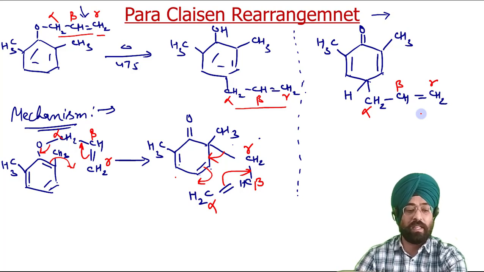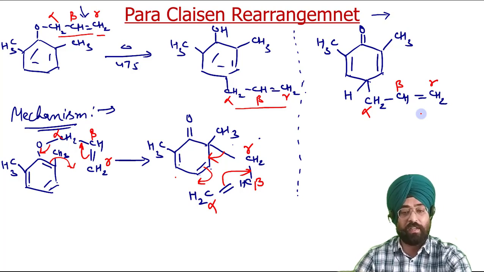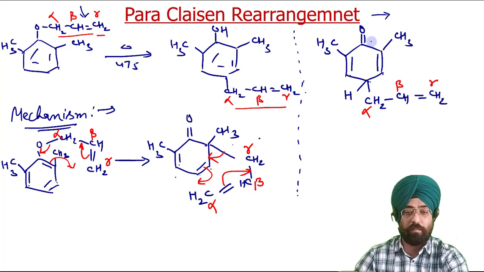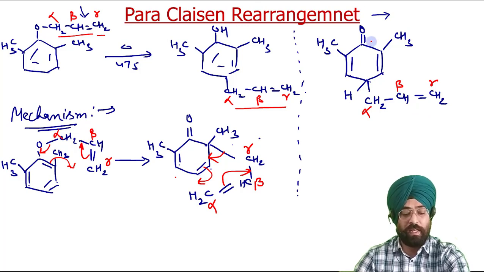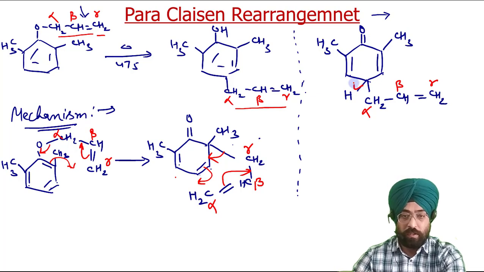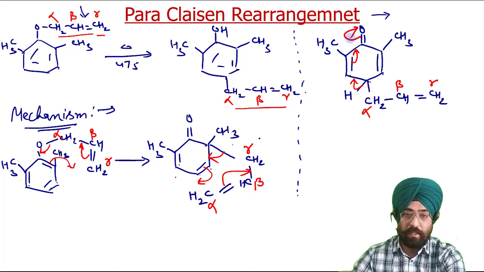So the next step, as usual, you know that it will be a shift of this hydrogen from this to this. So it will take place like this. Let us show, this comes here, this comes here, and this comes here, and what we get is, I will write the product here in green color.